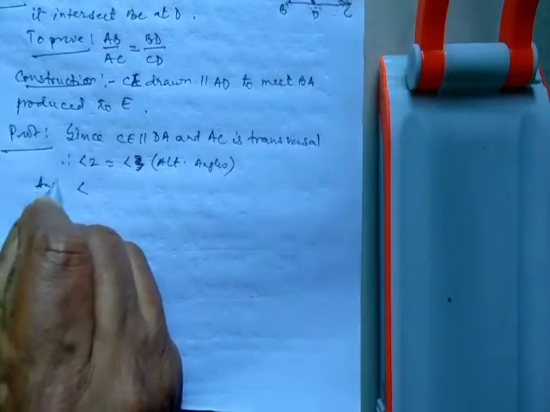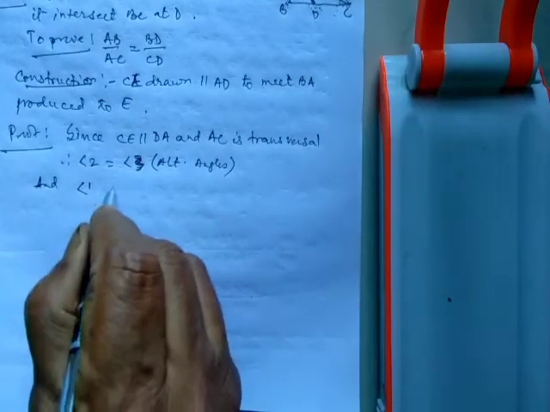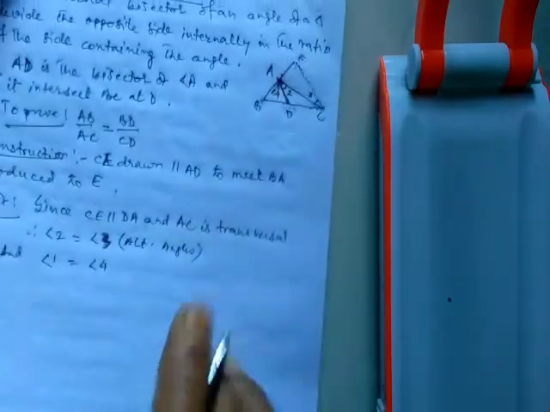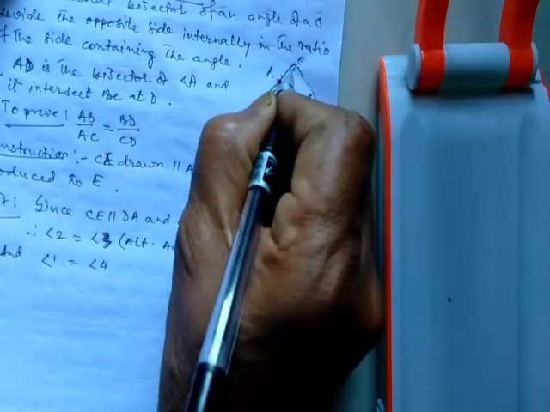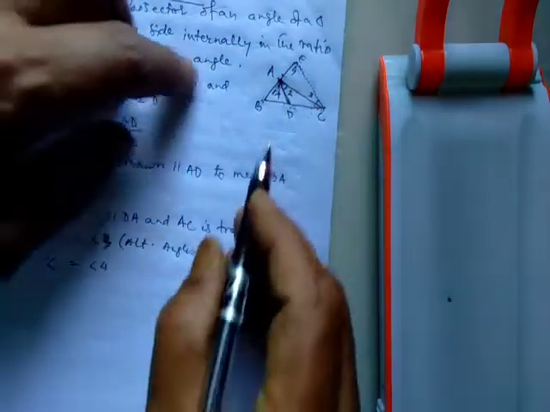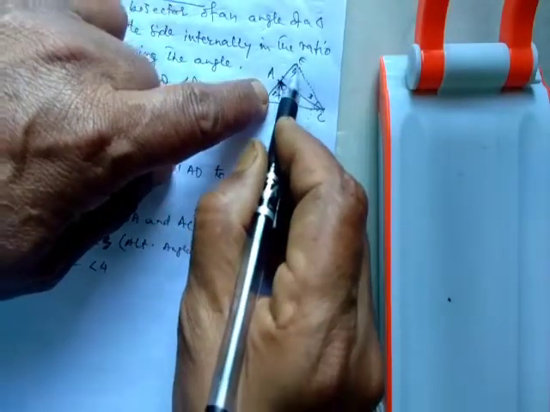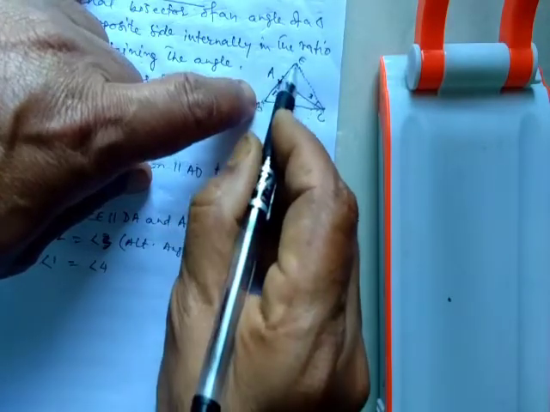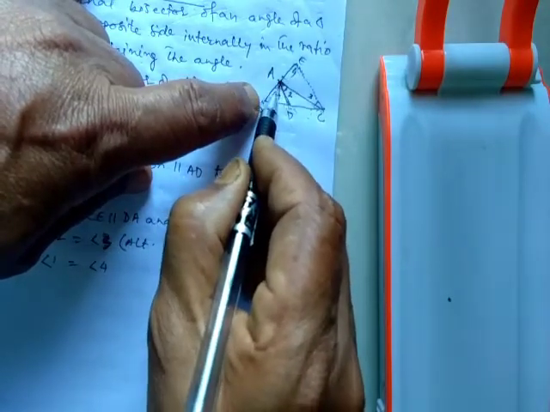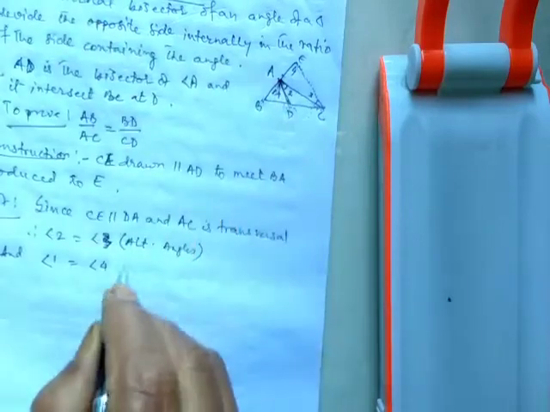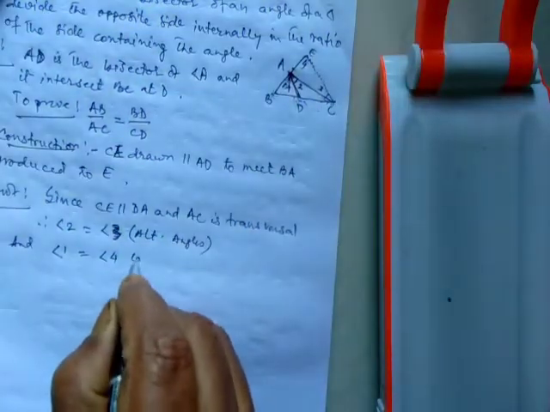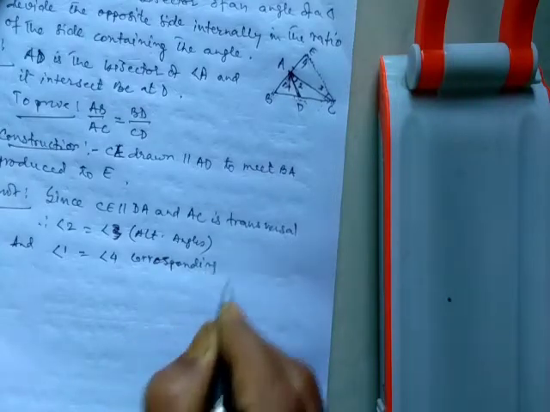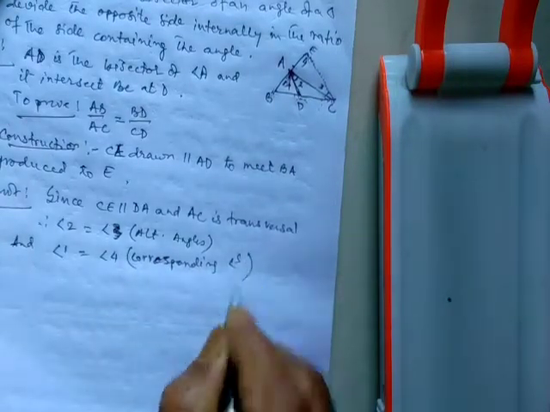Also angle 1 is equal to angle 4. This I will make 4. So this angle and this angle, these two lines are parallel and this is transversal. Then these two angles are corresponding angles.